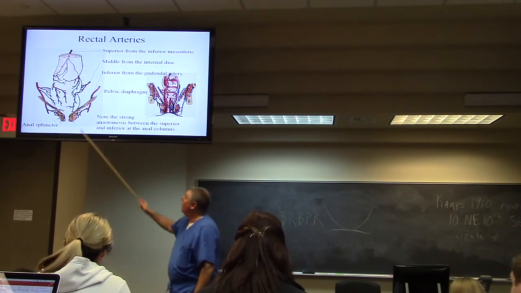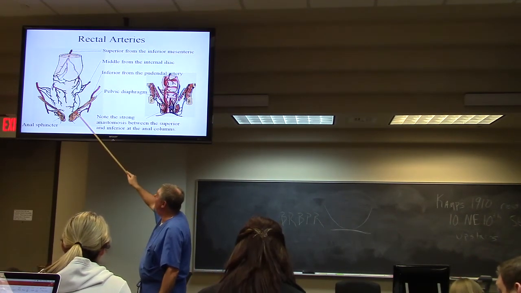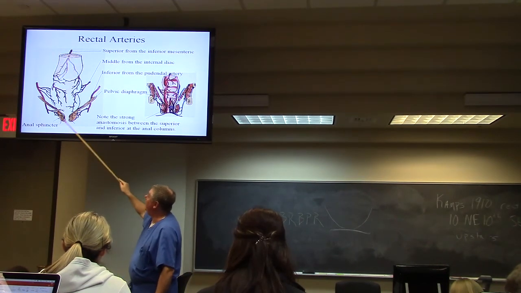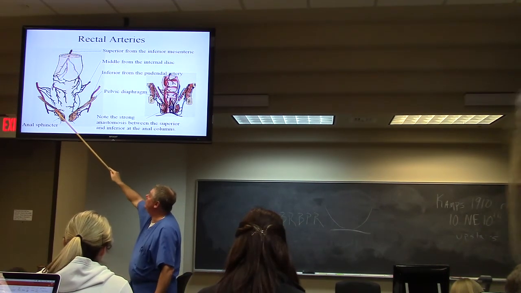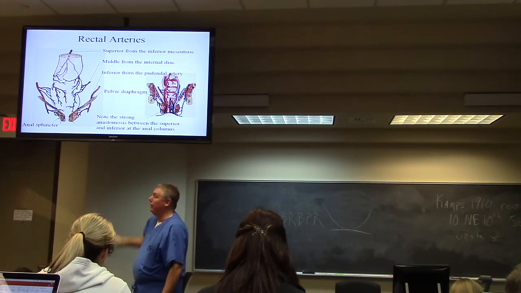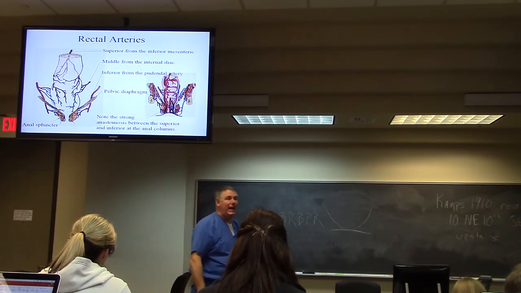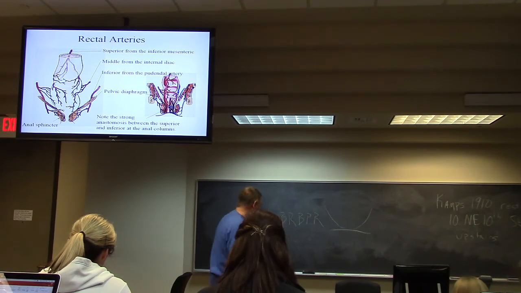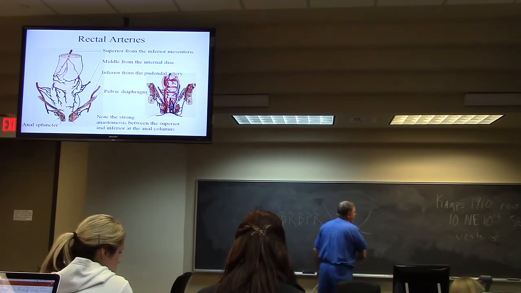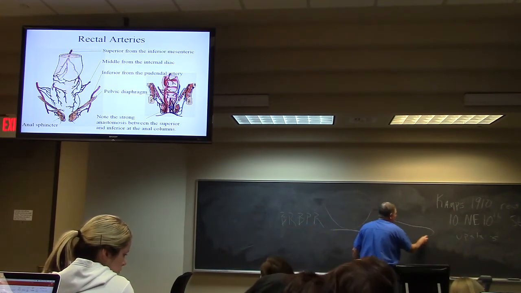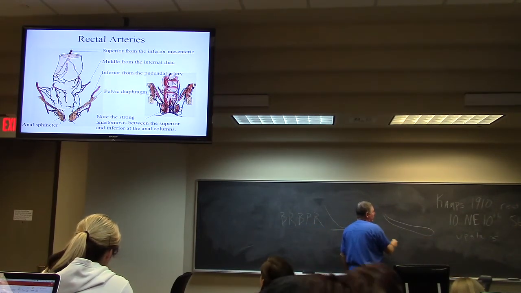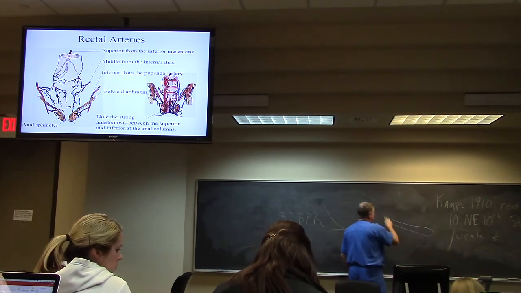Here's a nice illustration of the pelvic diaphragm. This would be the sphincter, so that part of the diaphragm going around the rectum would be the puborectal sling, S-L-I-N-G. Actually, when you look at this thing, you have the puborectalis going around it like that. Here's the sacral back here. Here's the pubic.